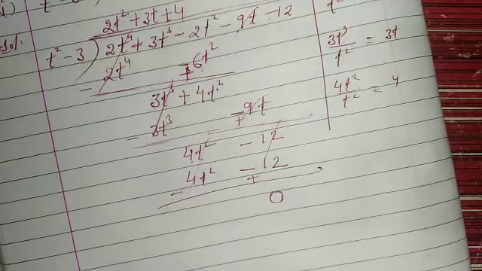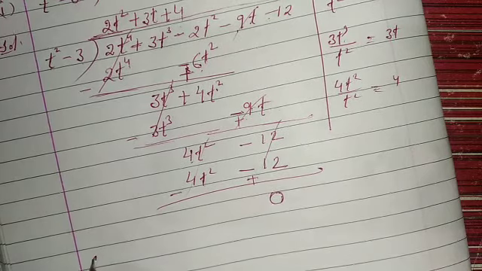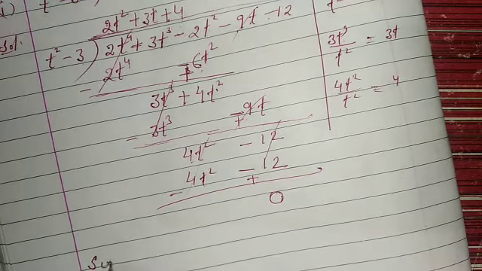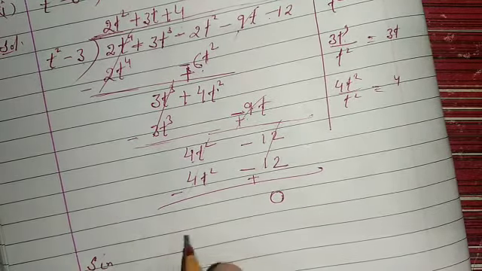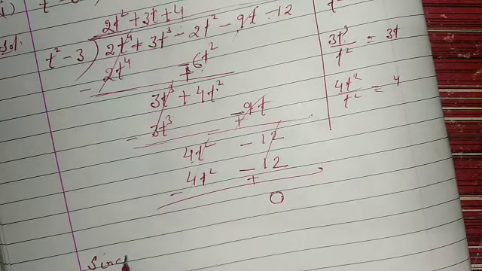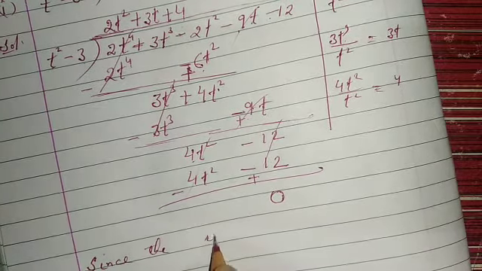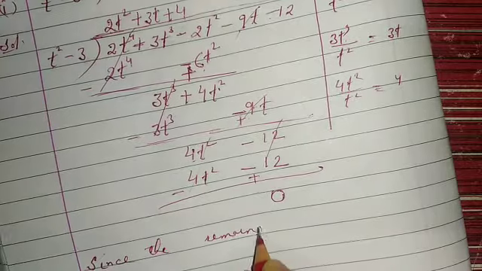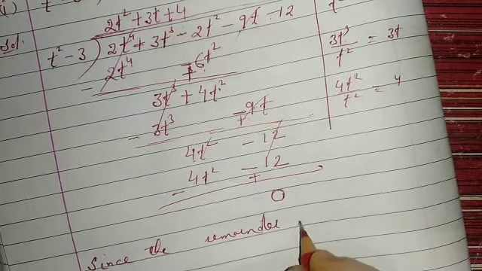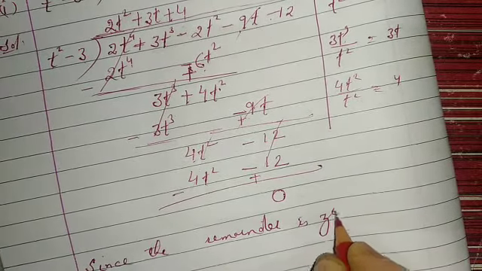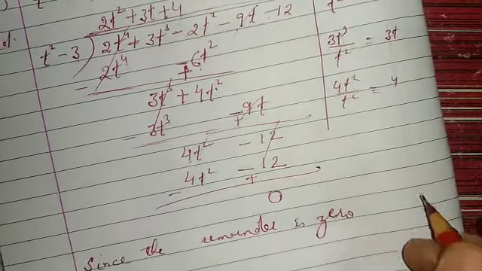So this is the factor. Since the remainder is 0, this is a factor. If it is 0, then it will be the factor.